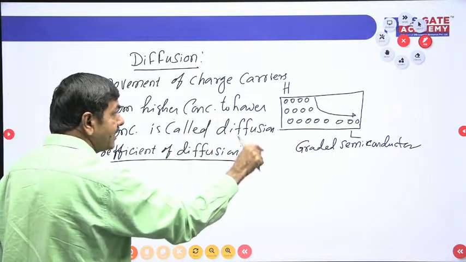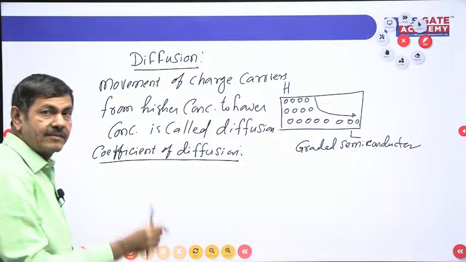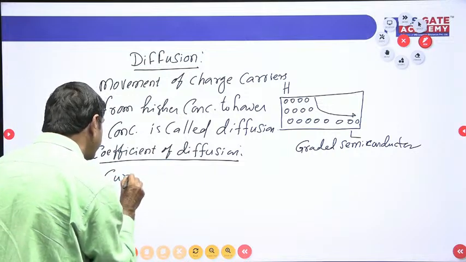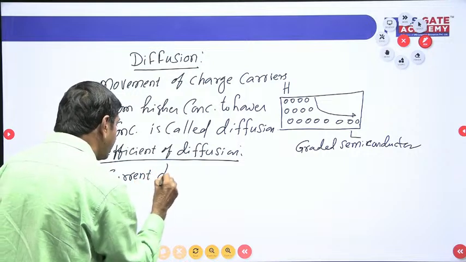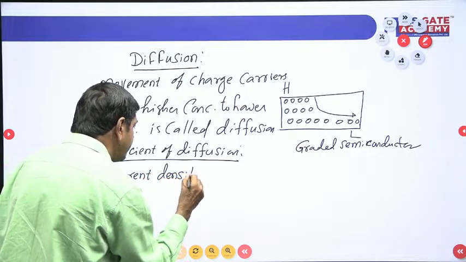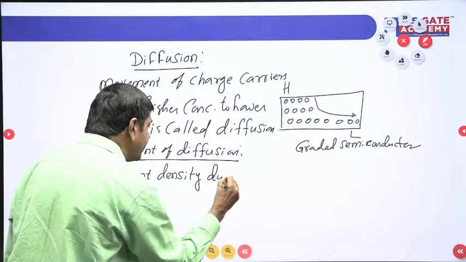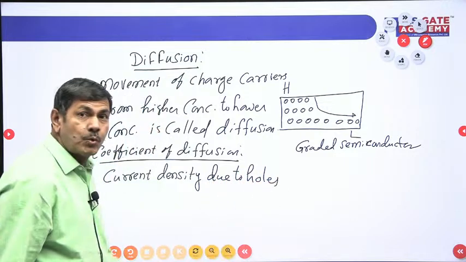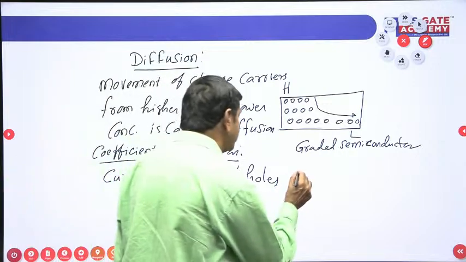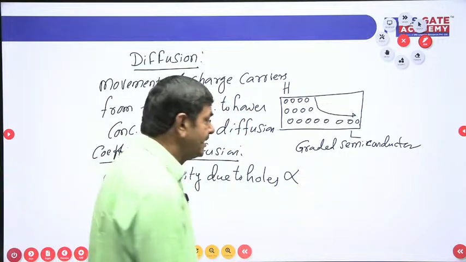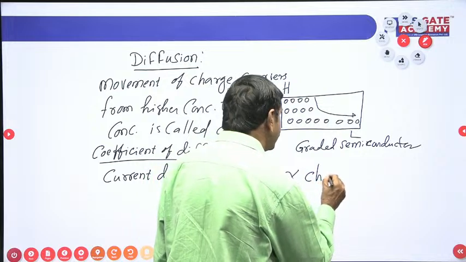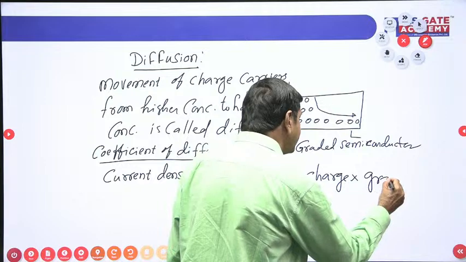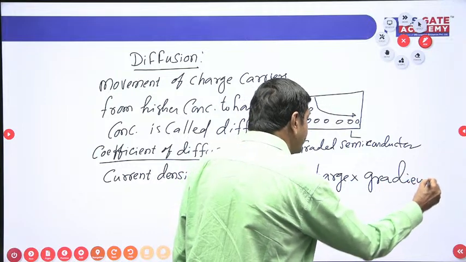As I selected in the material majority carriers of holes on this side, I have taken current density due to holes here now. Current density due to holes is directly proportional to charge into gradient, or slope, any word you can use.